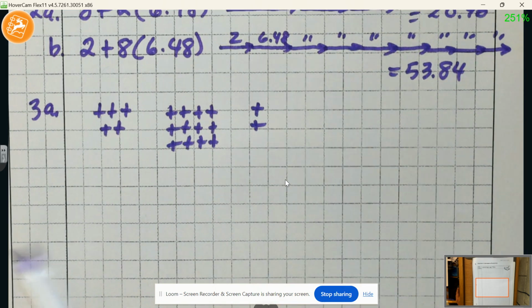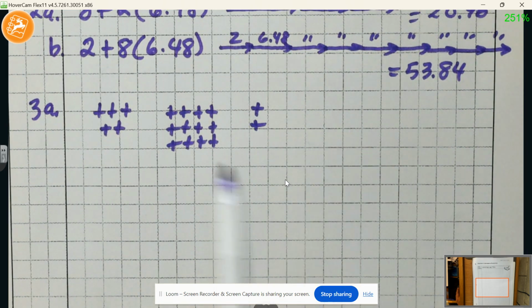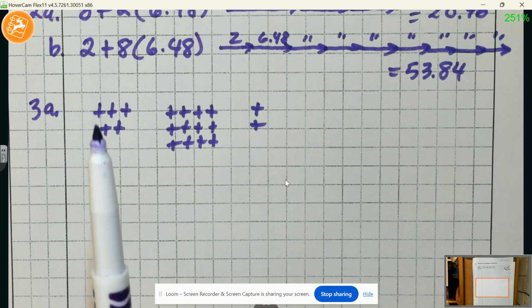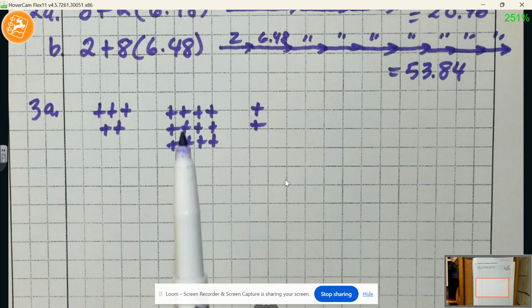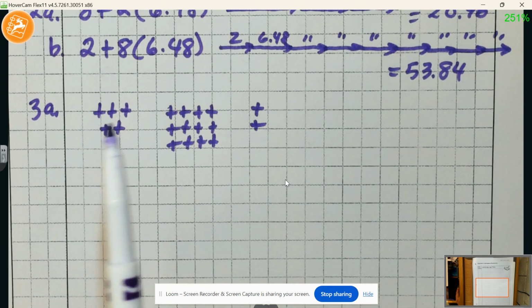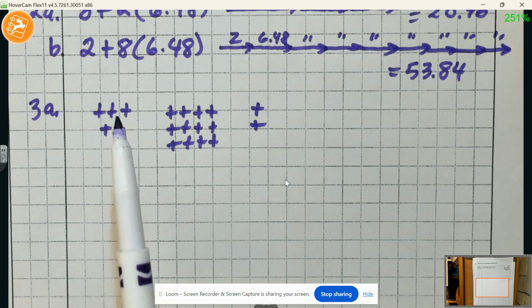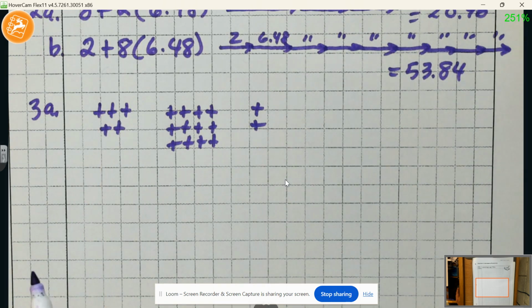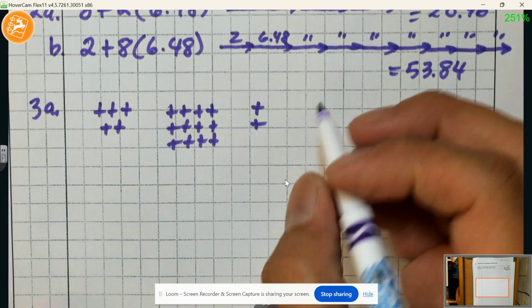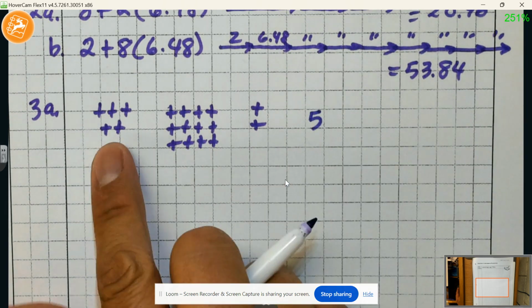Okay, well, first of all, how many different groups of numbers do we have? And we can see that they're separated by 3 different groups. Okay, so how can we describe this first one? So we can describe it as 5 groups of 1, or we can just call it 5. Okay, so let's just say that that's a 5.